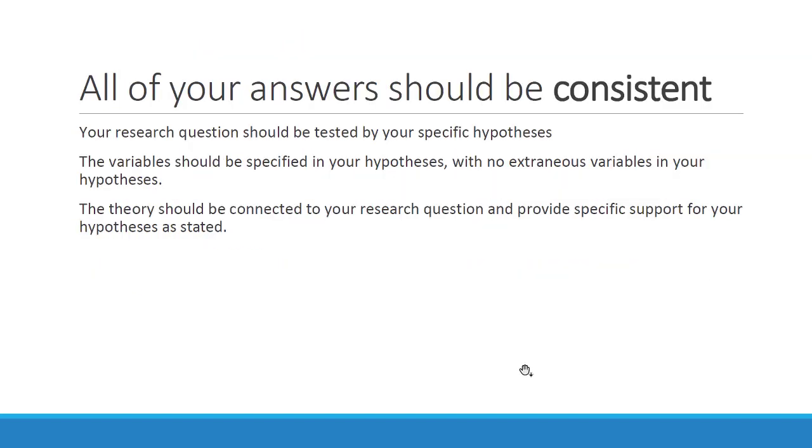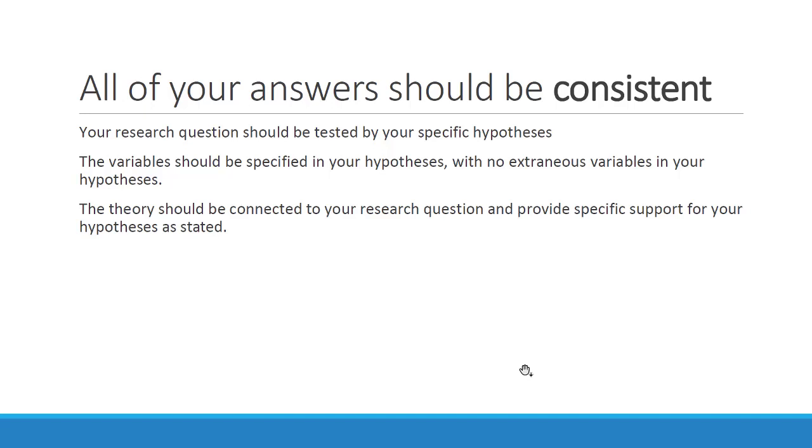Hopefully you're getting the picture that all of your answers and all of your things about your paper number 1 should be consistent. So your research question should be tested by your specific hypotheses. Everything should be lined up. The variables should be specified in your hypotheses with no extraneous variables. So no variables should come out of nowhere.